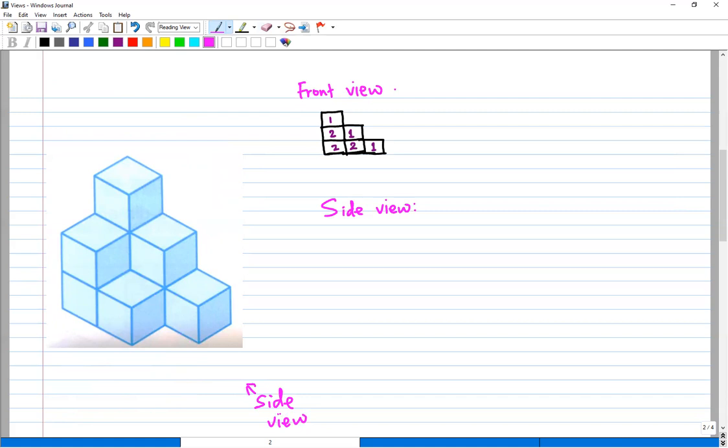Now for the side view, you see that we are having 2 columns. This, let me call it column 1, and this one I call it column 2. Okay, now let's talk about column 1. Column 1 has got 2 levels. You can see this one and this one. Okay, so let's draw column 1 with 2 levels.